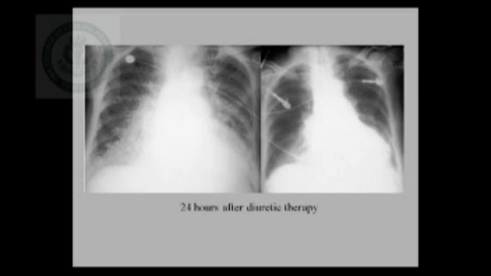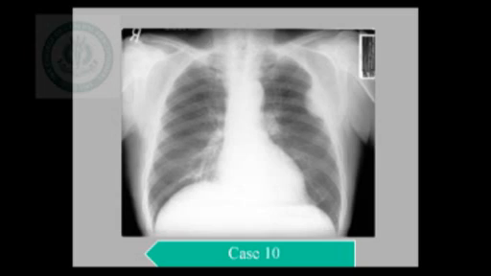All these opacities disappear. So, this is nothing but a case of acute pulmonary edema, commonly after myocardial infarctions and cardiogenic edemas. Now, this characteristically disappears after diuretic therapy. In the follow-up X-ray, you will be able to make out the heart borders very clearly.